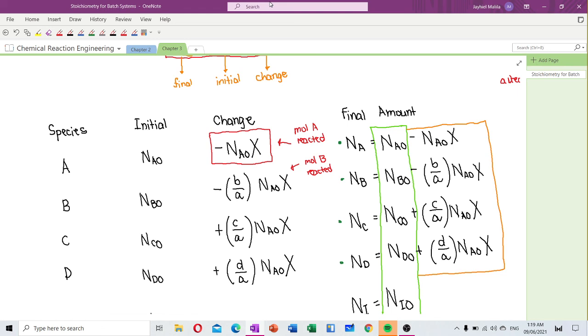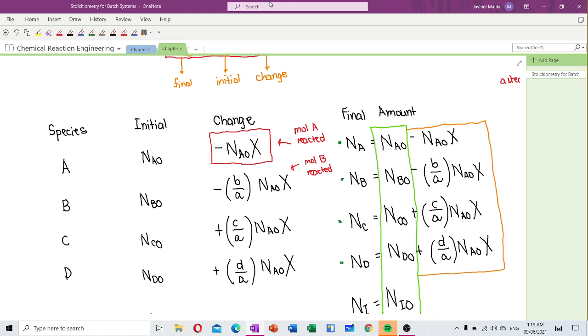In essence, we will not actually be using these final amount equations, but we are going to use these equations to get into a more usable form, which is functions or probably concentration terms.